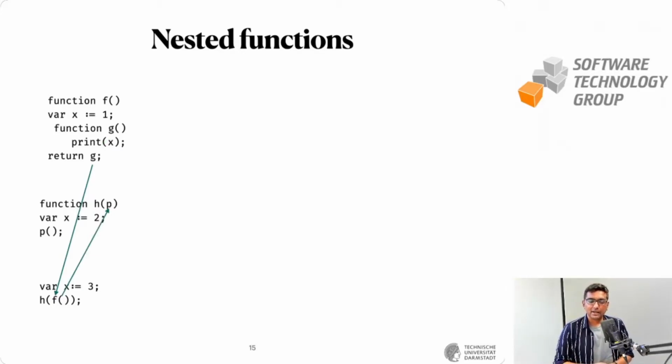So ultimately, the invocation h of f is simply the result of invoking g. But since g prints x, we need to know which of these three x's g is going to utilize. And that depends on whether p is essentially referring to g. What the value of x is for this invocation of g depends on what kind of binding we use.